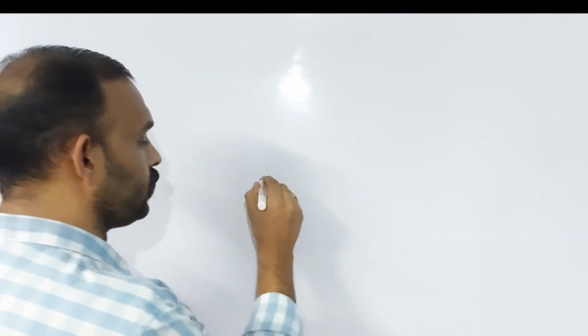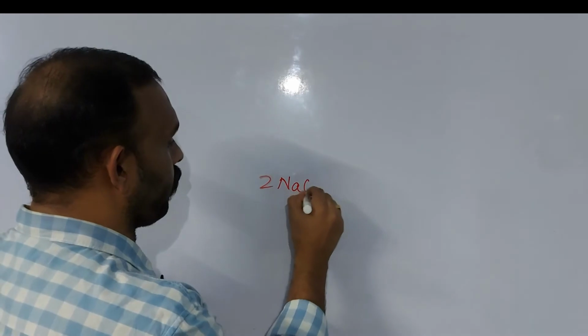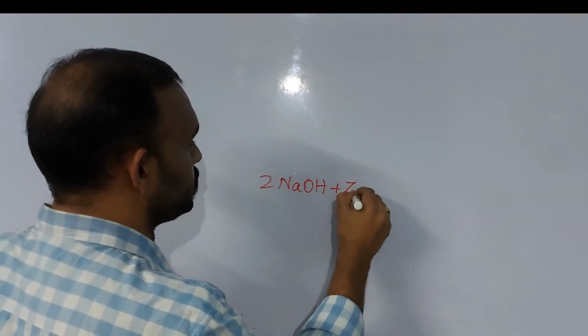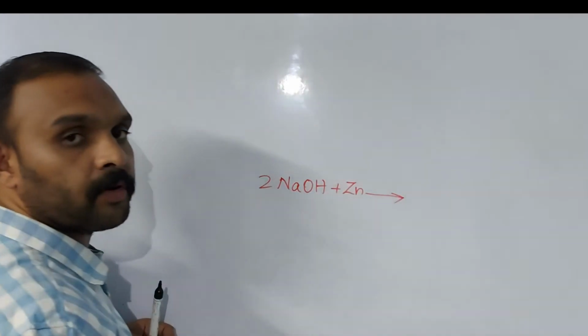So bases react with metals to give a metal salt and hydrogen. But its examples are very, very important. What are the examples? Let's see. We can write the base 2NaOH plus zinc metal. What will be the product we get?